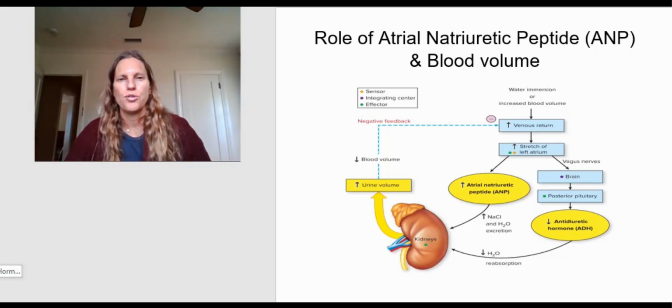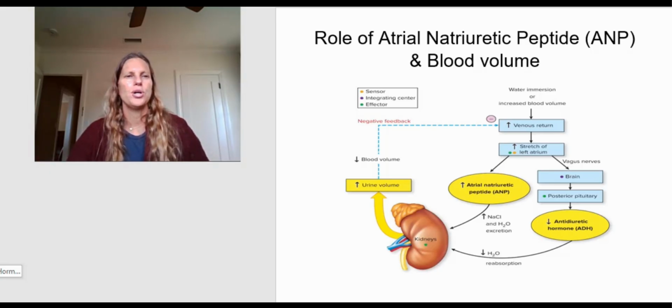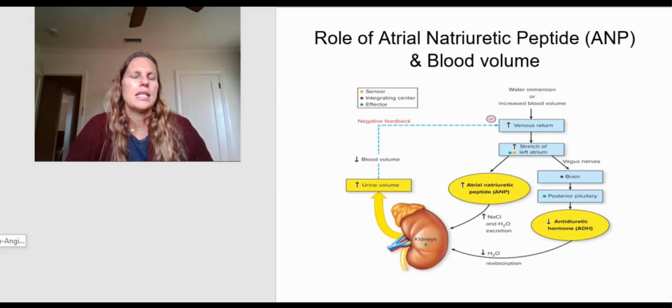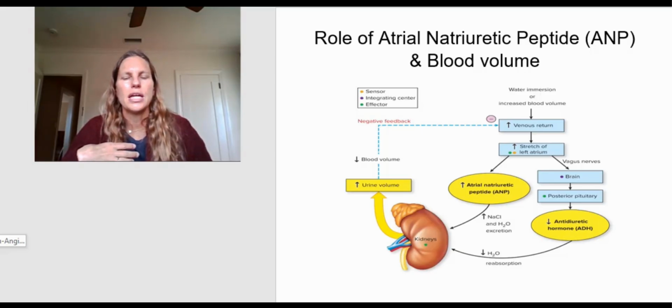The very last hormone is the one I mentioned previously, and this hormone is called atrial natriuretic peptide, or ANP. So this hormone is all about what's going on at the right atria, what's happening in terms of venous return to the right atria.